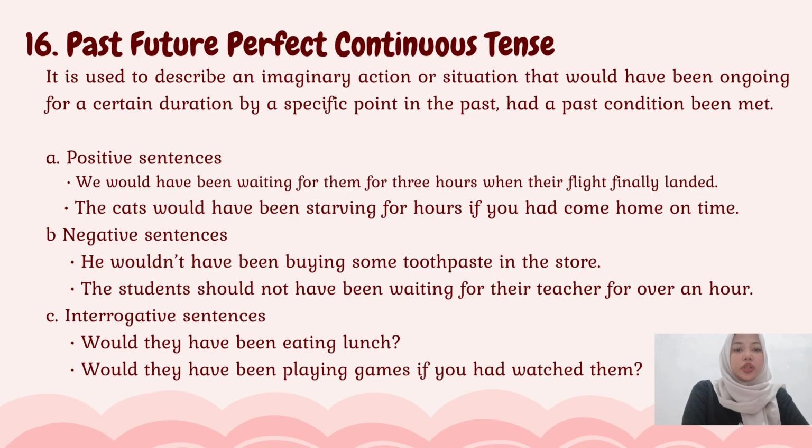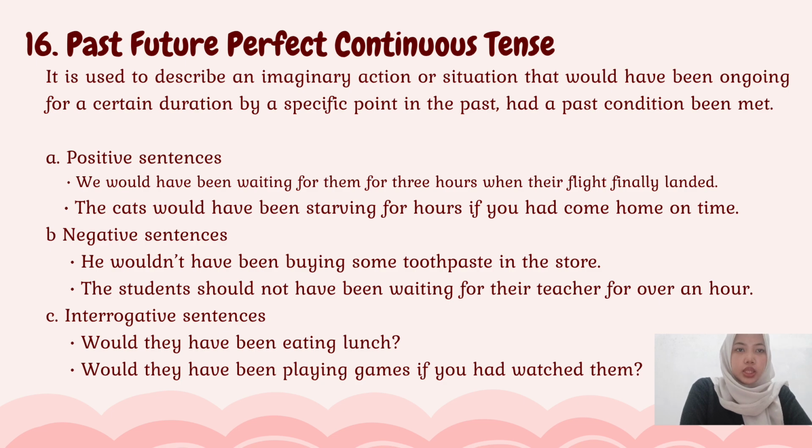And for the last, past future perfect continuous tense. It is used to describe an imaginary action or situation that will have been ongoing for a certain duration by a specific point in the past, had a past condition been met. For example, in positive sentence, we would have been waiting for them for 3 hours when their flight finally landed, and the cats would have been starving for hours if you had come home on time.